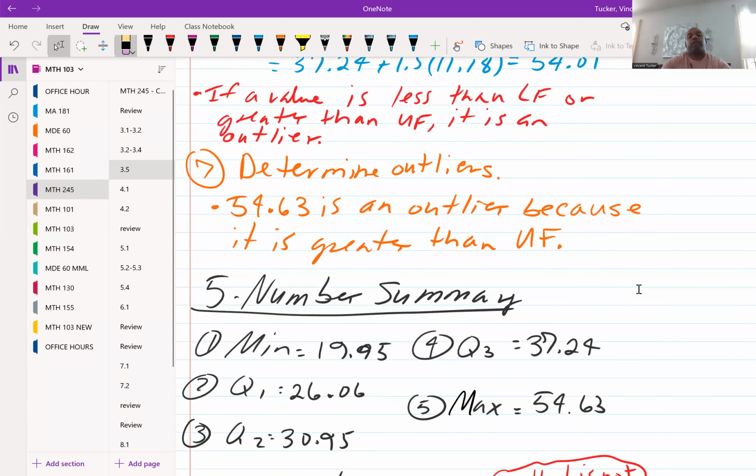First, the five-number summary. The five-number summary has nothing to do with whether something is an outlier or not. It's just what is the maximum value, what is the minimum value, what is Q1, Q2, Q3.